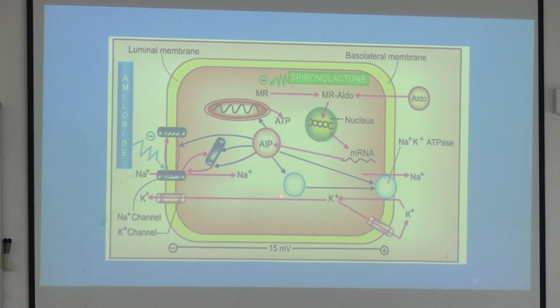When the sodium is reabsorbed, there is transient generation of a transepithelial gradient of 15 millivolt. This is on the minus side, this is on the plus side, and that helps in potassium excretion through the potassium channel. Now when amiloride is inhibiting this channel, the sodium is not reabsorbed, more sodium excretion, the transepithelial gradient is not formed, so less potassium excretion. That is the mechanism by which it is helping in preserving potassium.